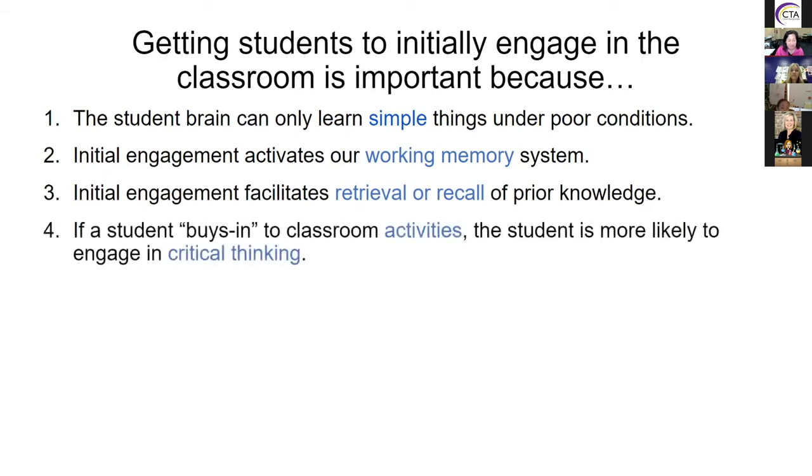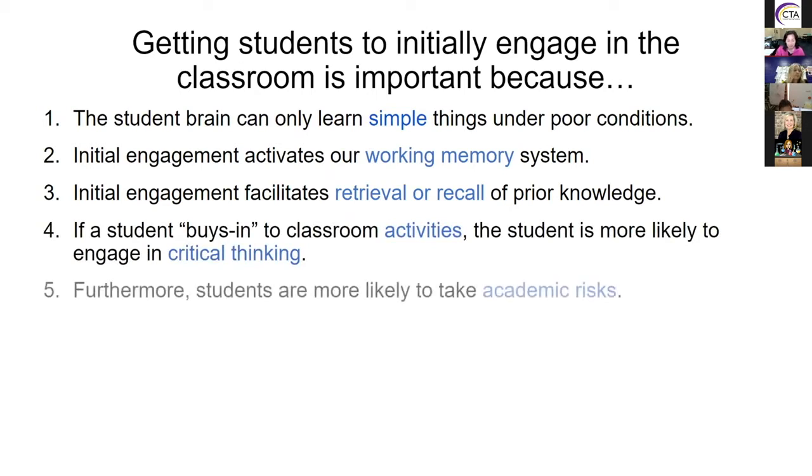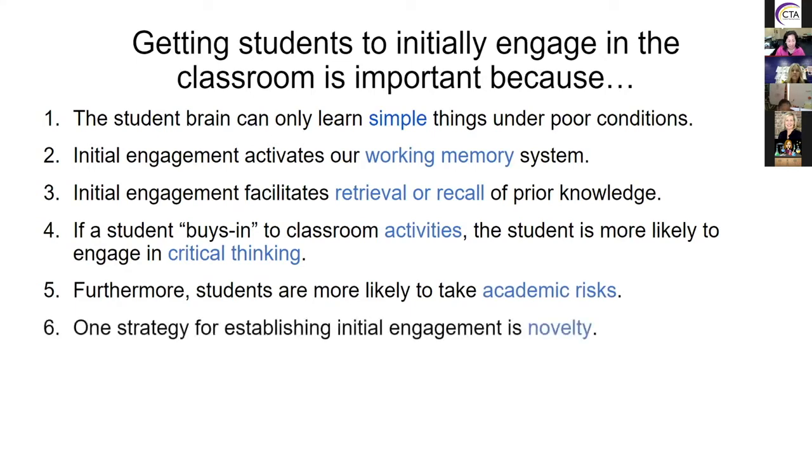If a student buys into classroom activities, the student is more likely to engage in critical thinking. Furthermore, students are more likely to take academic risk. And one strategy for establishing initial engagement is novelty.